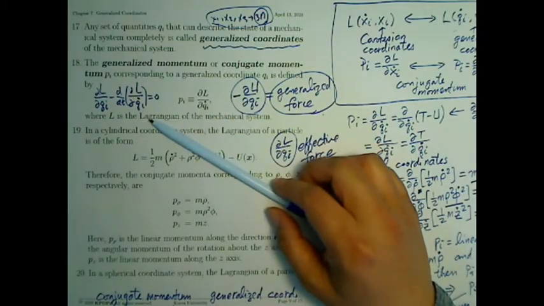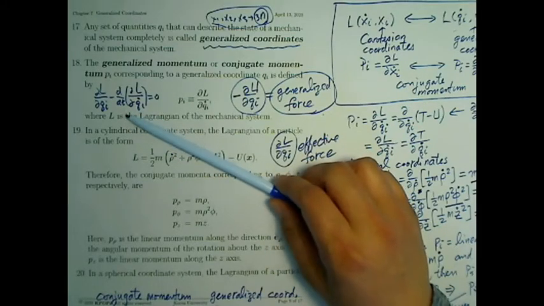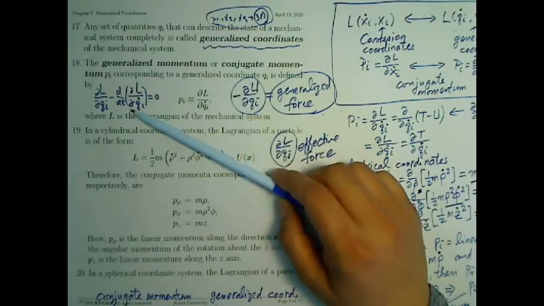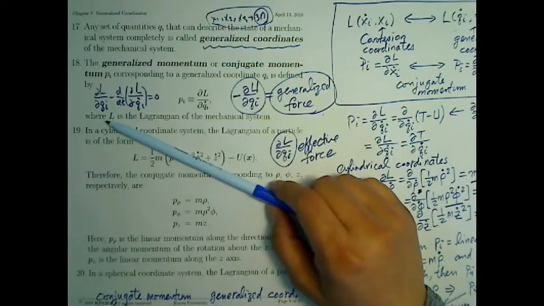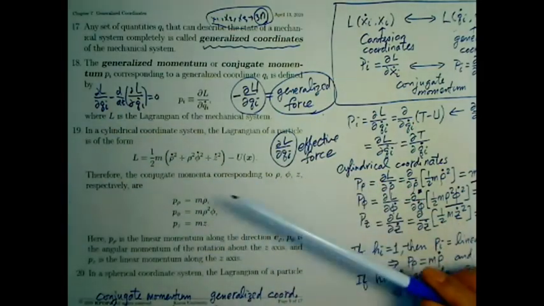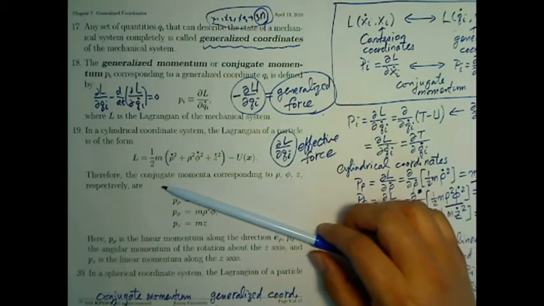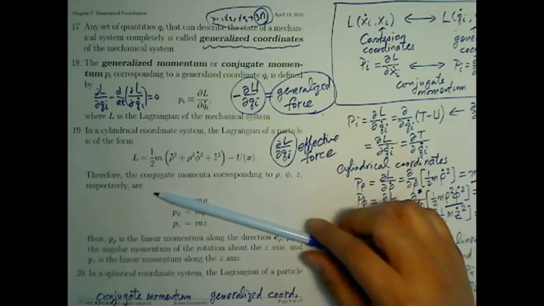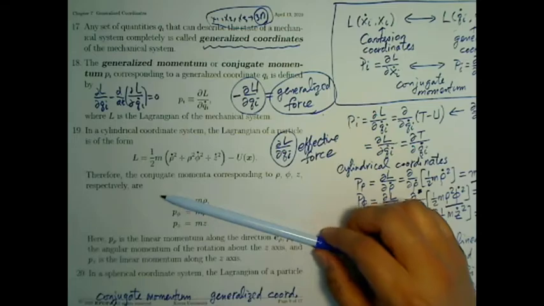The resultant Euler-Lagrange equation contains the time derivative of this generalized momentum equals the Lagrangian's partial derivative with respect to the generalized coordinate qi. In the case of the cylindrical coordinate system, the Lagrangian should be written in those coordinates.